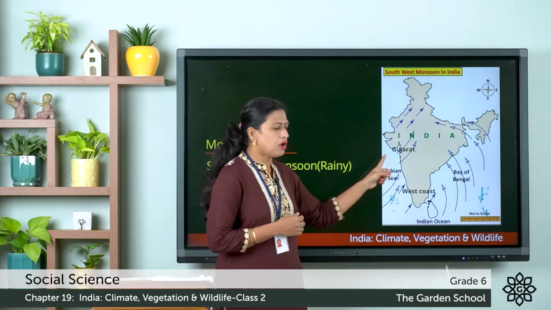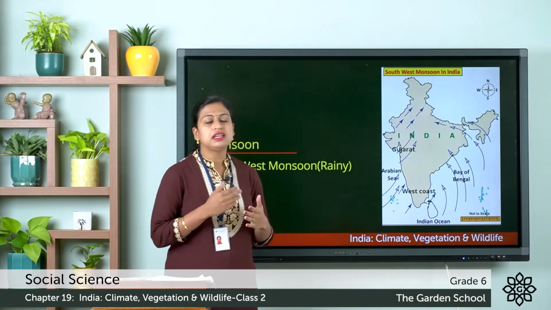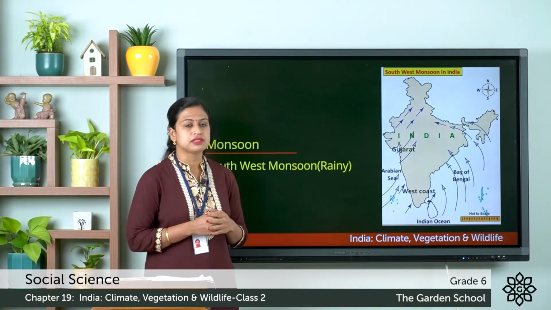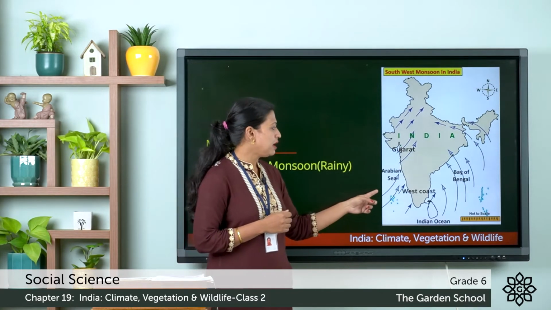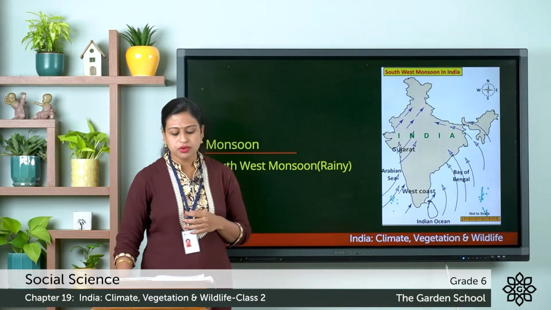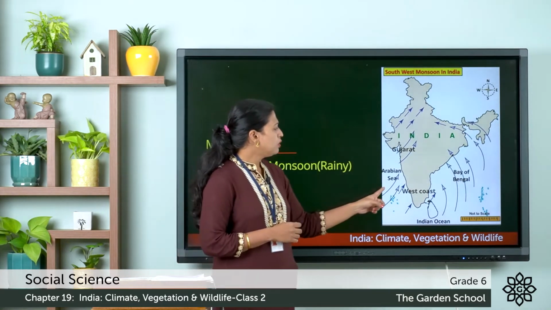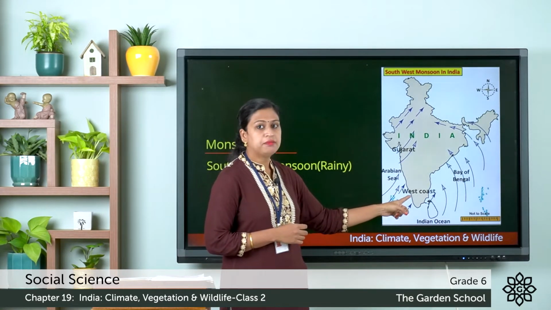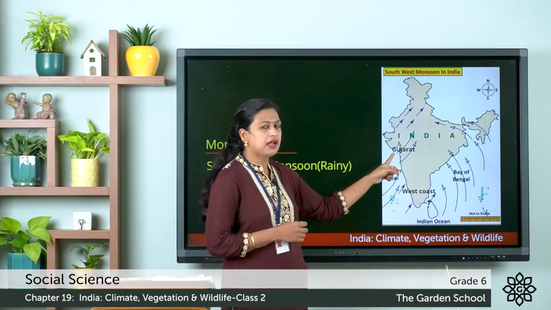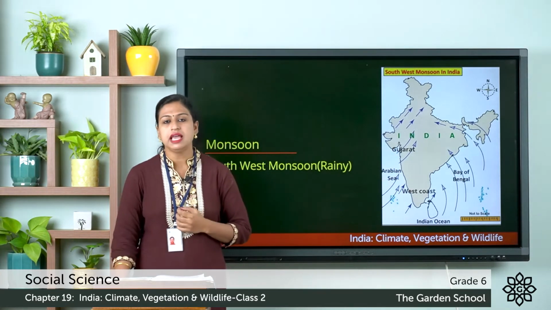When the southwest monsoon winds hit the Indian coast, they are divided into two branches. One is the Arabian Sea branch and the other one is the Bay of Bengal branch. The Arabian Sea branch blows towards the west coast and brings heavy rainfall in parts of Gujarat and some parts of coastal India.